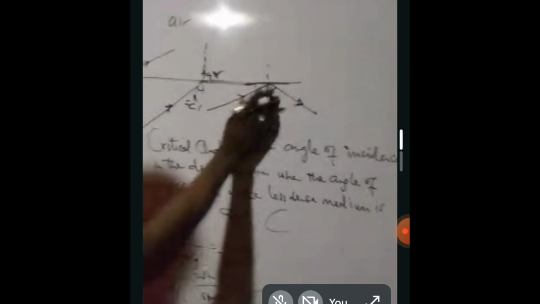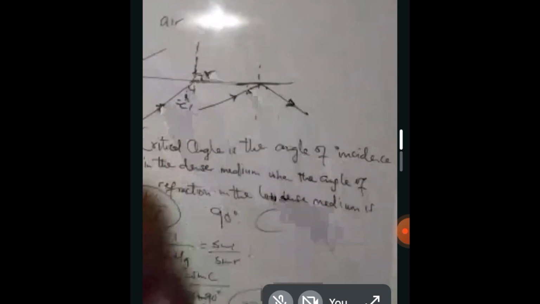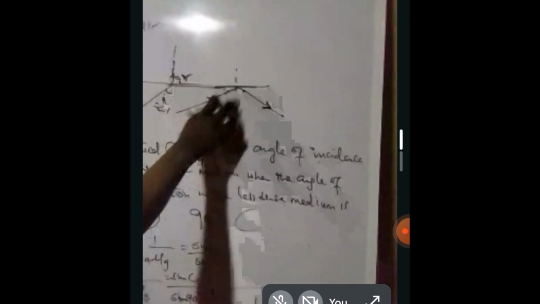So it will be reflected back. When it was small, it's like this. When it becomes bigger, it becomes like this. It becomes bigger again, it becomes like this. So this is the normal at the point, this is the angle of incidence, and this is coming back. This is the angle of reflection now. So this is what we call total internal reflection. It is being reflected back.